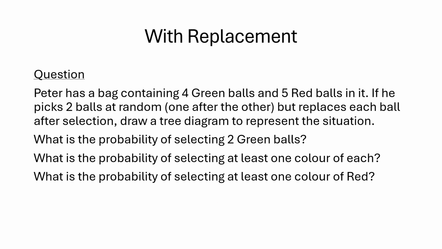Now, how do we go about this? First and foremost, we need to plot the tree diagram. If you want to plot the tree diagram, it starts from a node. So we have the green and the red. Remember we are dealing with probability, and the total sample space we have is 9.